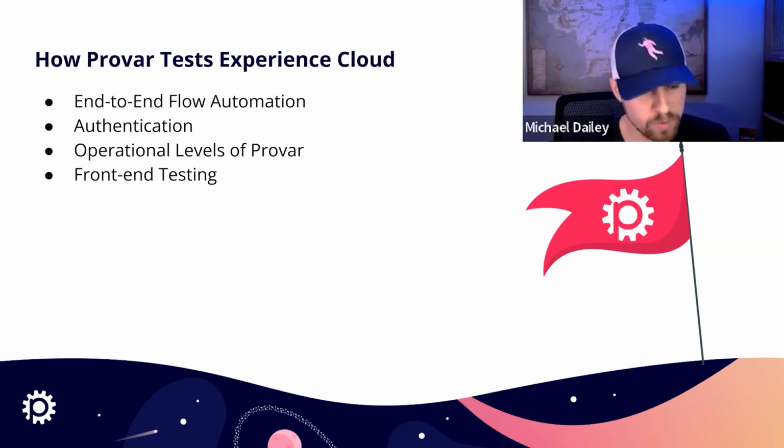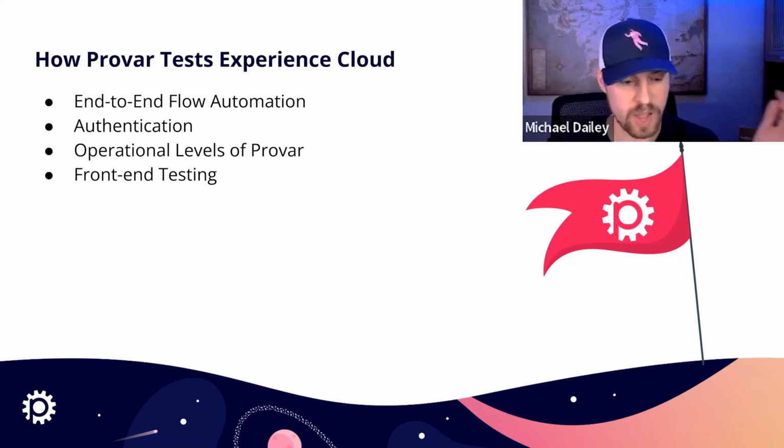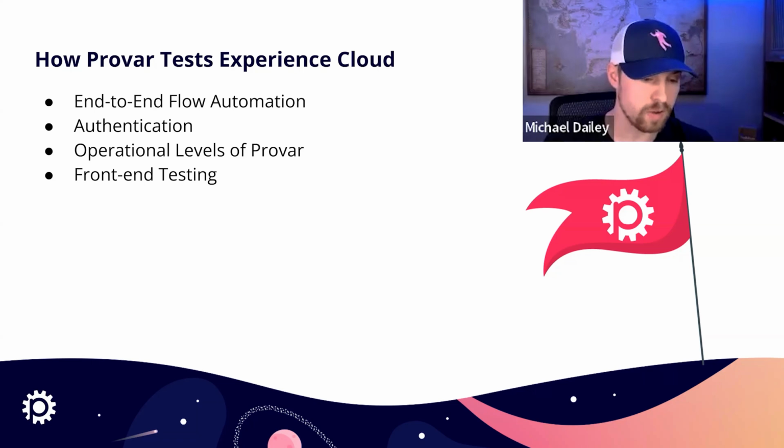And the last piece here, which is primarily what I'll be demoing, and this is really supplemental to end-to-end, but when we say front-end testing, Experience Cloud, as I covered in the overview, is highly complex, right? You have a lot of different technologies at play here, and Provar has two core frameworks that we use for mapping and supporting Experience Cloud and all of its different components. So these two core frameworks support over 90% of Experience Cloud elements natively out of the box with no customization or anything like that.